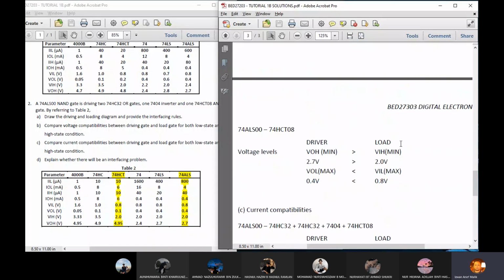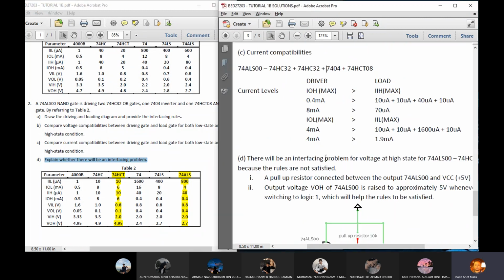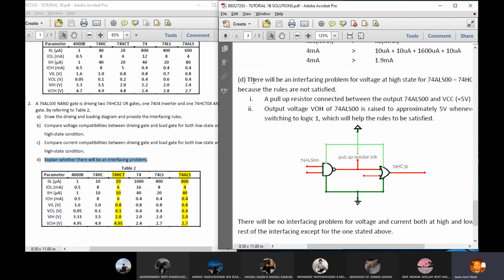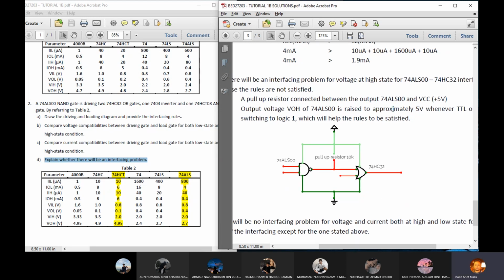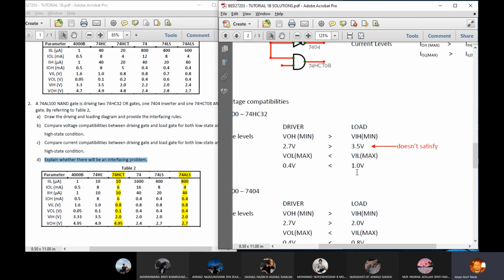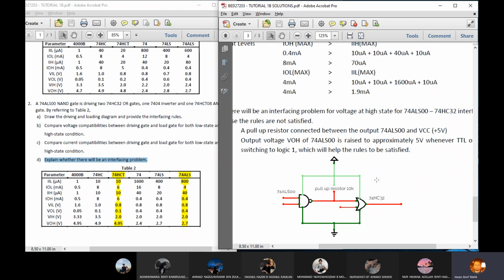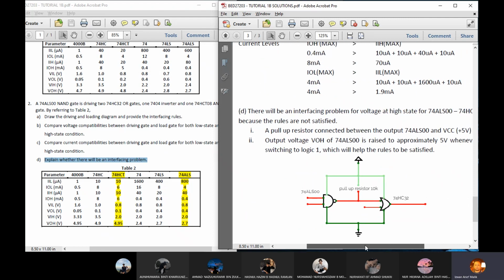So there is a problem there. Then it asks, explain whether there will be an interfacing problem. Obviously, yes, there will be an interfacing problem for voltage at high state, at the output high state of 74 ALS00 and 74 HC. So it means here, connecting the NAND gate to these 2 OR gates will have a problem. Okay, because the rules are not satisfied.